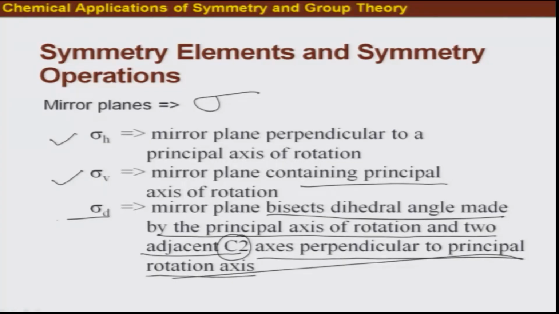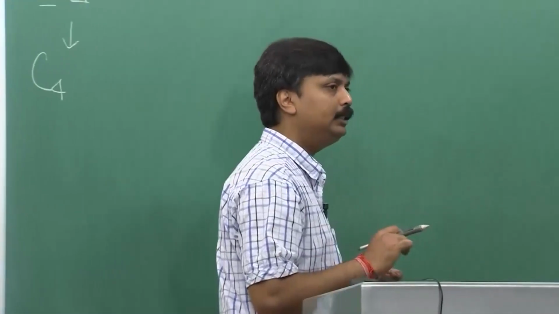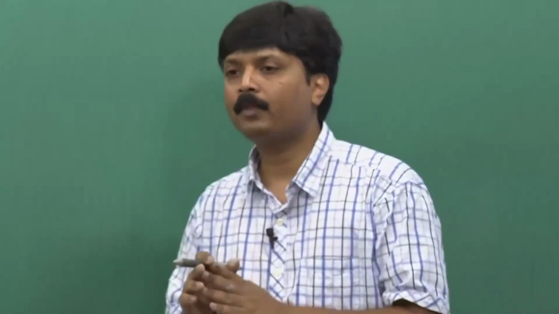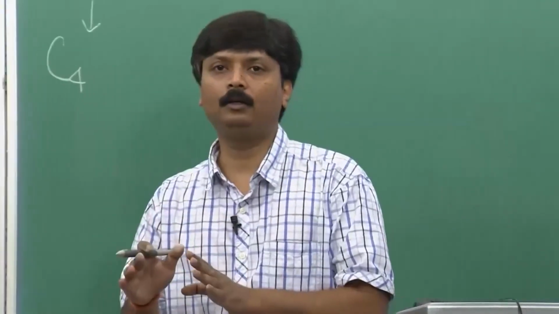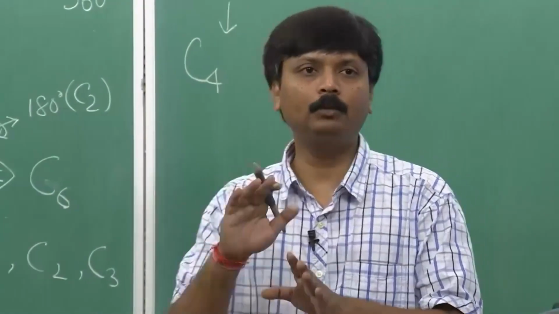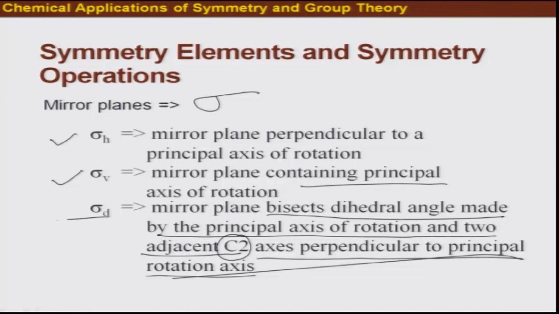So whatever be the name, sigma v, sigma d or sigma h, their functions are the same. These subscripts v, d and h are just used to separate different planes of symmetry, but their jobs are the same.